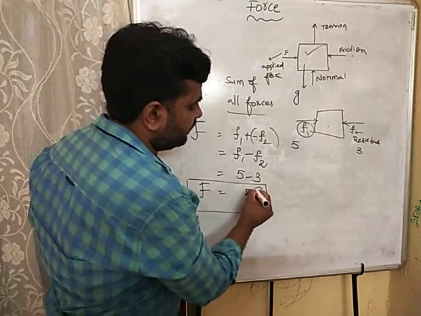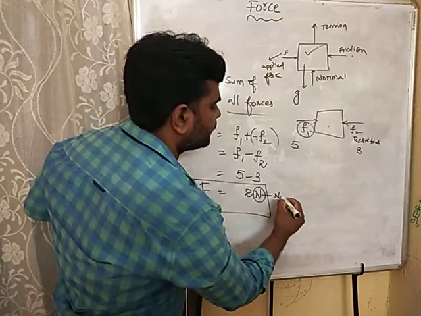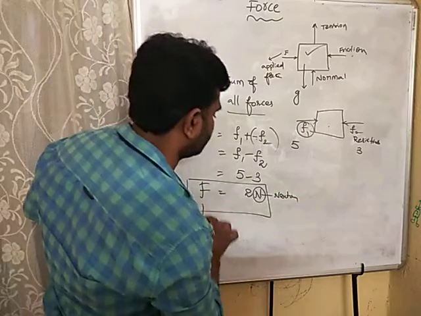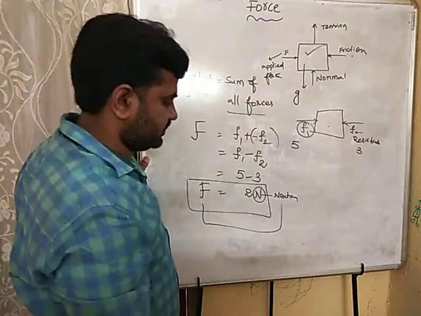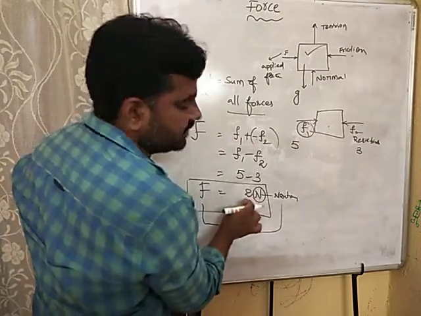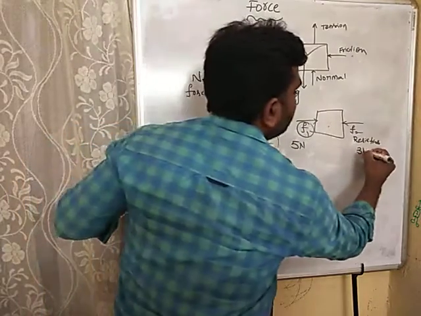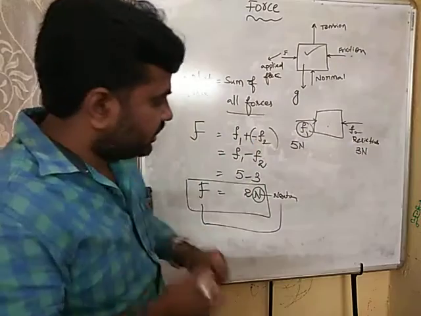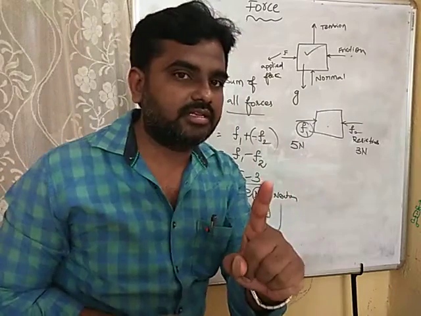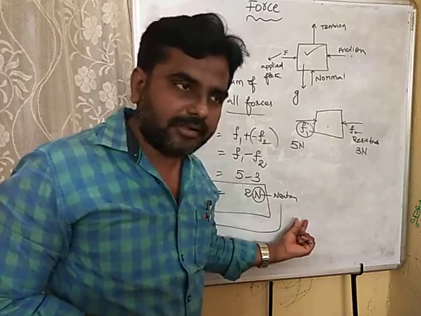See here we are using the letter N. N stands for newtons. That means the force is measured in newtons. So how many newtons of net force did we get from this example? That is 2. So here also 5N, 3N. From now onwards, here N stands for, remember that, Newton. So the force is measured in Newton. Is it clear?